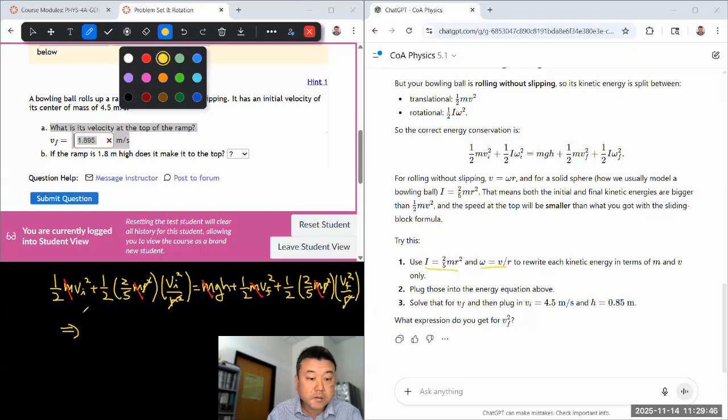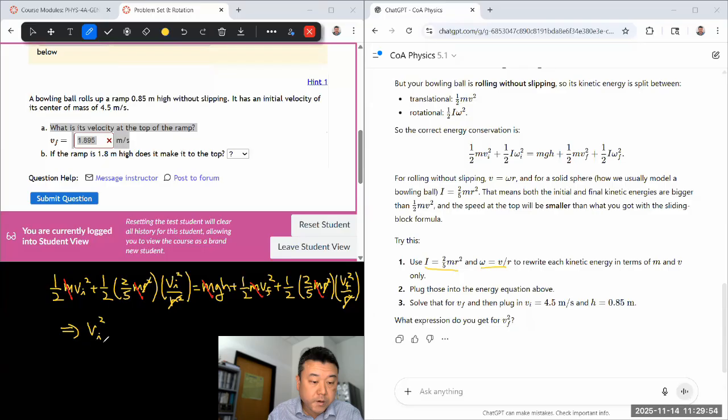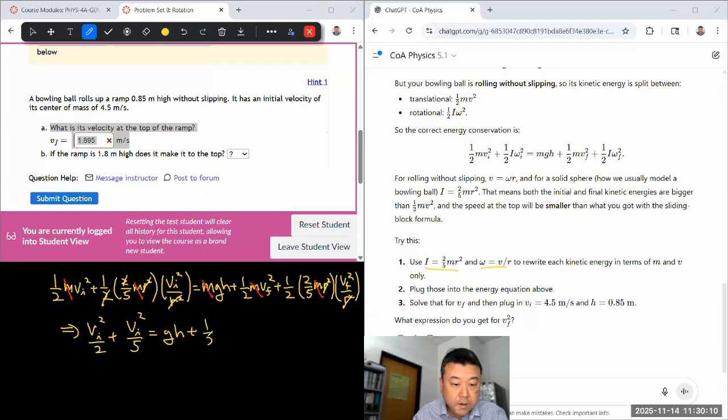So, do I want to? Yeah, let's not multiply it through by 2 because I'll still have fractions anyway. So I have v initial squared divided by 2 plus, I can do this cancellation, so it's gonna be v initial squared over 5, equal to g times h plus 1/2.